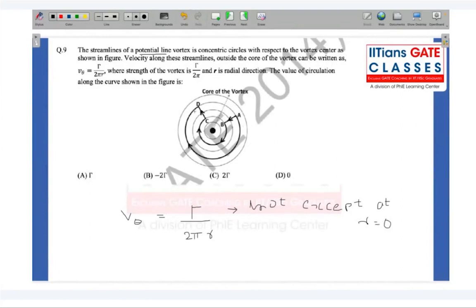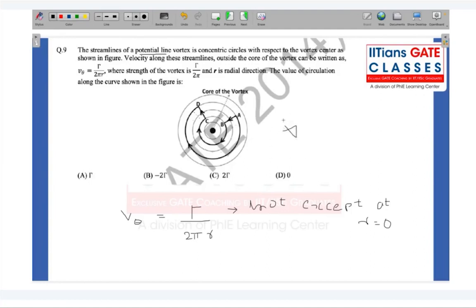Now, here we don't have to do any calculations. We can clearly see that the curve ABCD does not involve the origin. So any point that you take inside this curve, the vorticity is basically 0 here.